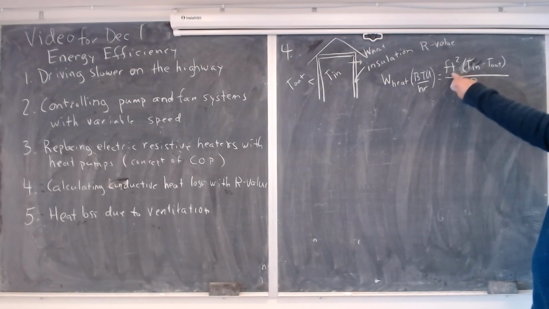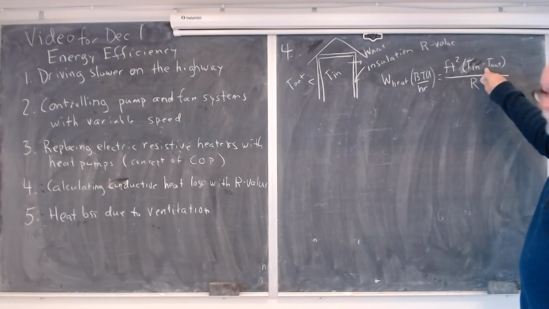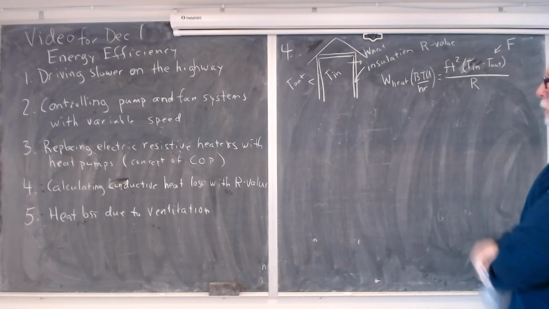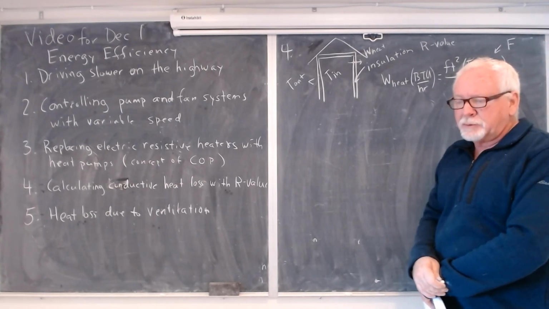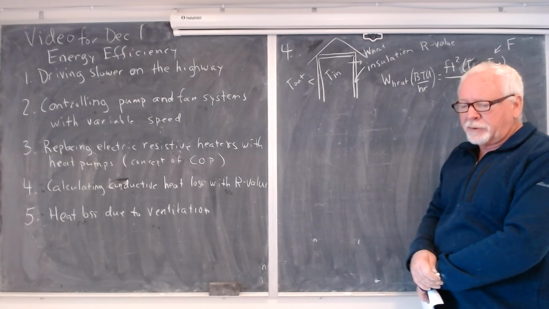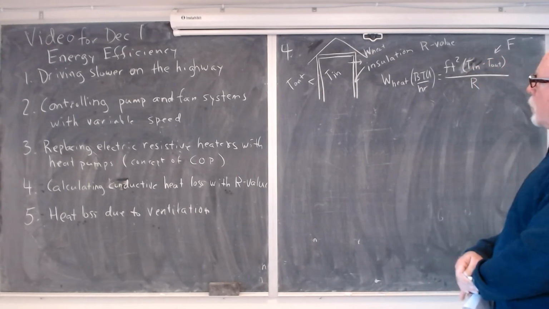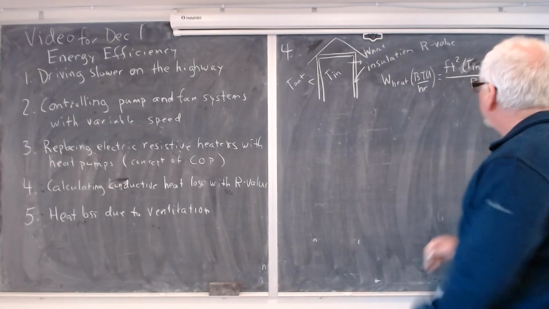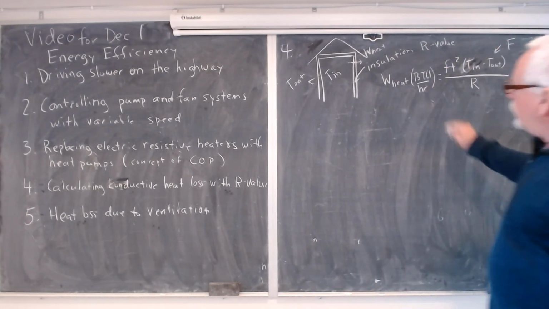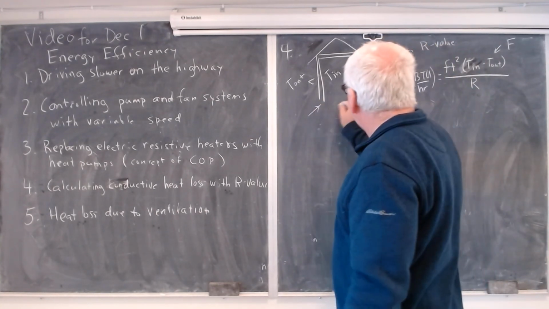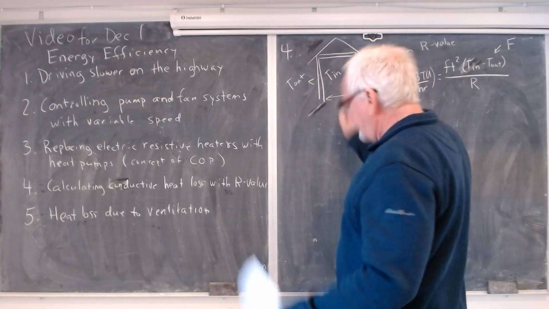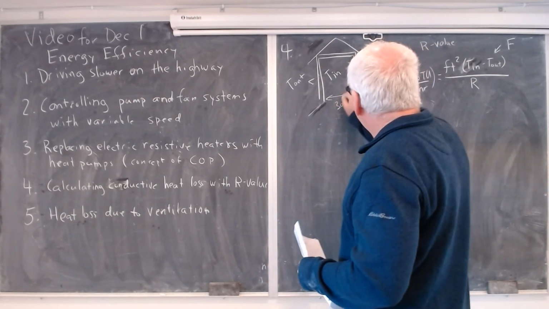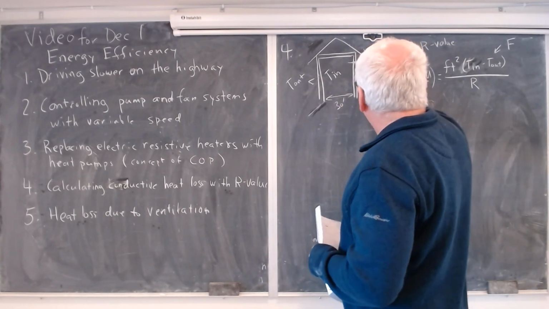So this is the area, this is the temperature difference, and this is in Fahrenheit. My apologies to overseas students who aren't used to seeing square feet and Fahrenheit, but it's just so common here that this is the way we teach insulation using R value. I can give you an example. Let's say your house is roughly 30 feet by 30 feet, and the walls are 10 feet high.